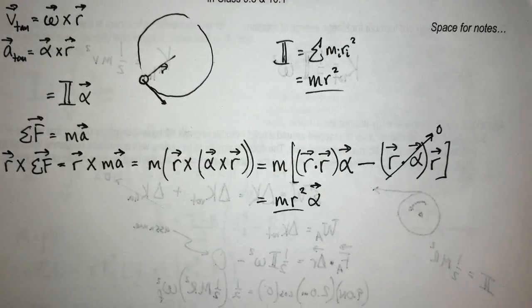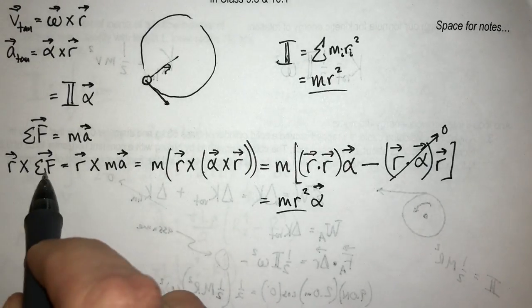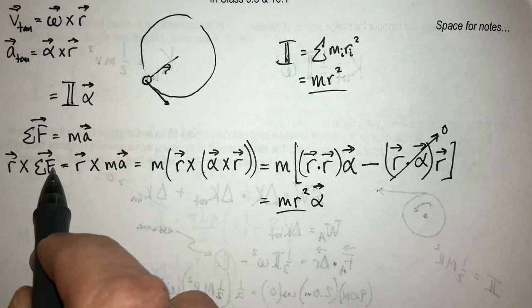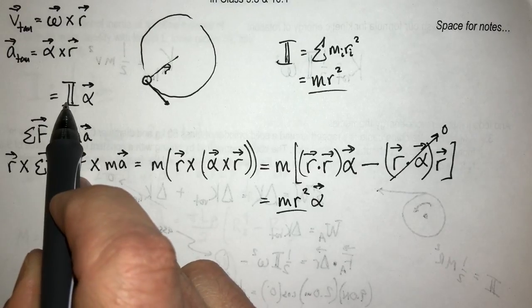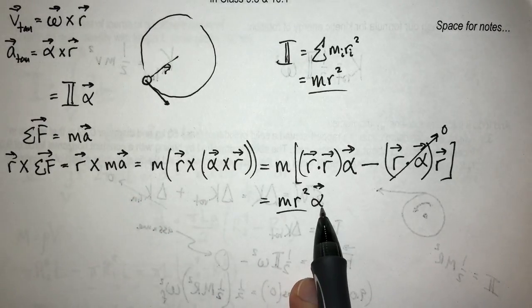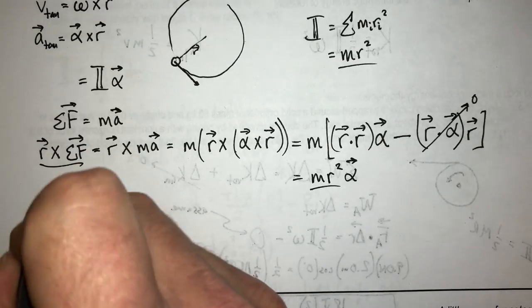M r squared. There it is. So this quantity over here, r cross net force, is equal to moment of inertia times angular acceleration. This is exactly what we wanted. So this thing must be rotational force. So let's give it a name.